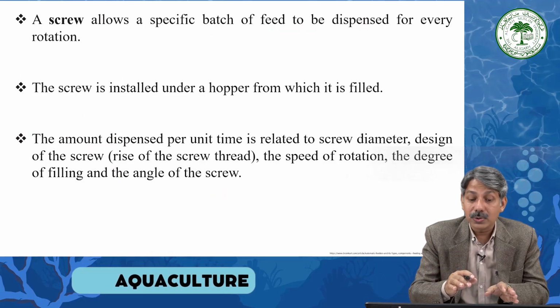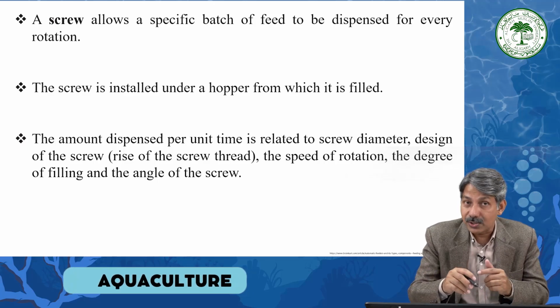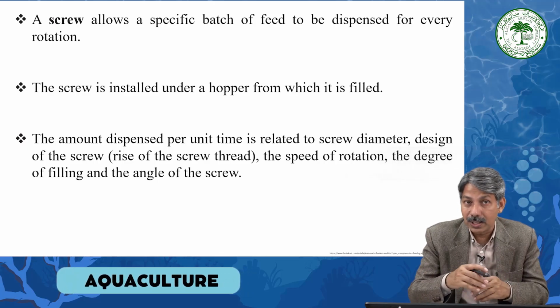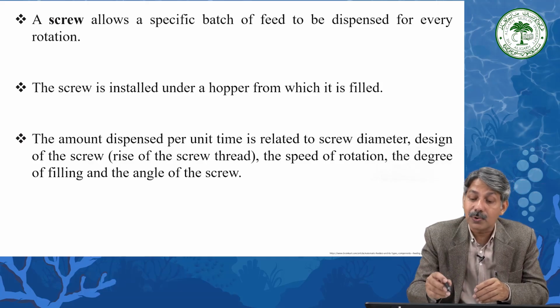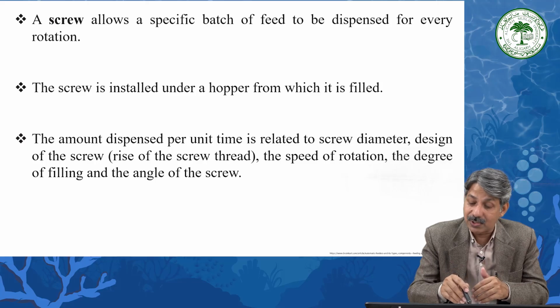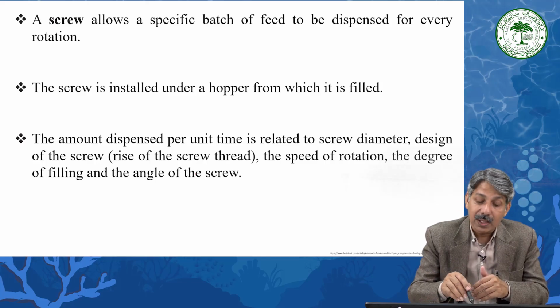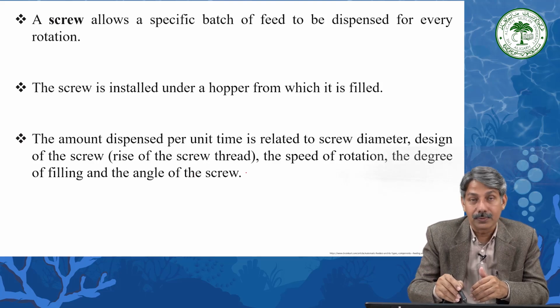A screw allows a specific batch of feed to be dispensed for every rotation. I will show you the photograph, then you can understand it better. The screw is installed under a hopper from which it is filled. The amount dispensed per unit time is related to screw diameter, design of the screw, the speed of rotation, the degree of filling and the angle of the screw.